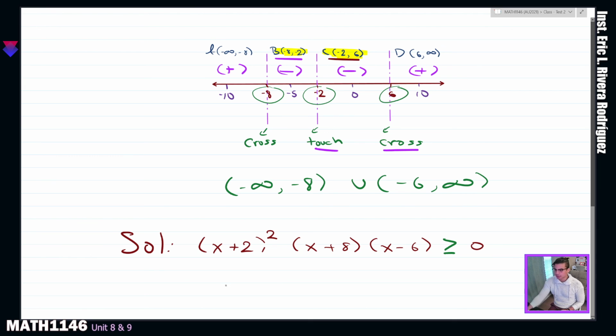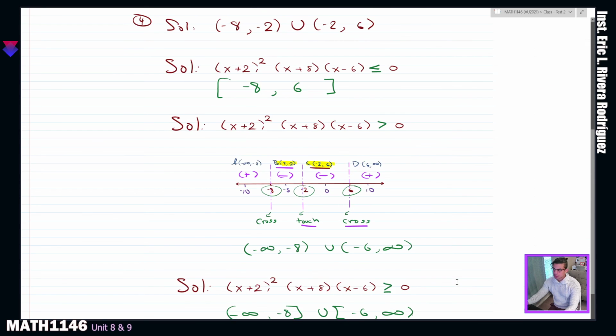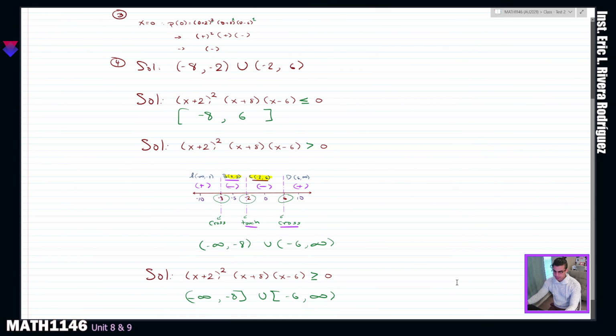The square brackets. From negative infinity to -8, square bracket, union, 6 to positive infinity. All right. So those are the different versions that you can have on an inequality exercise.